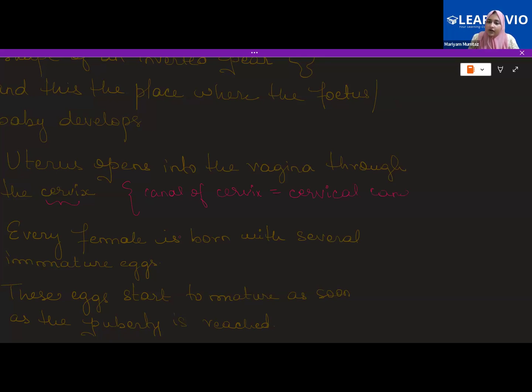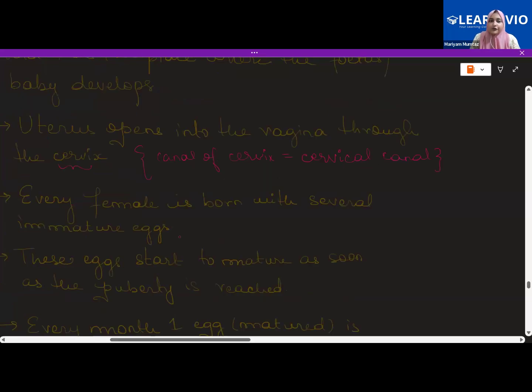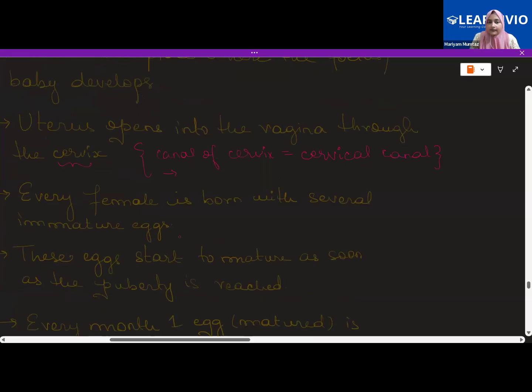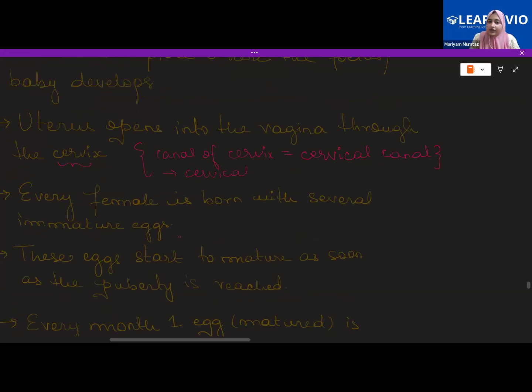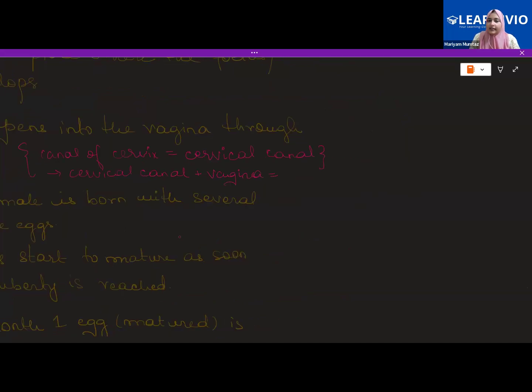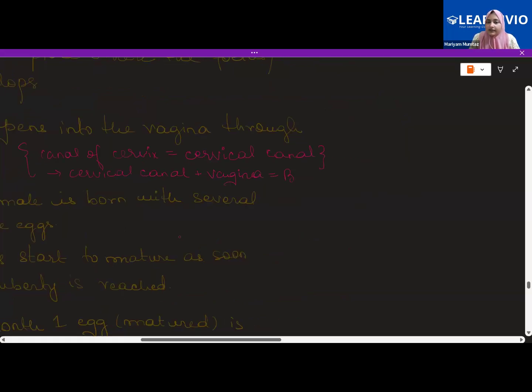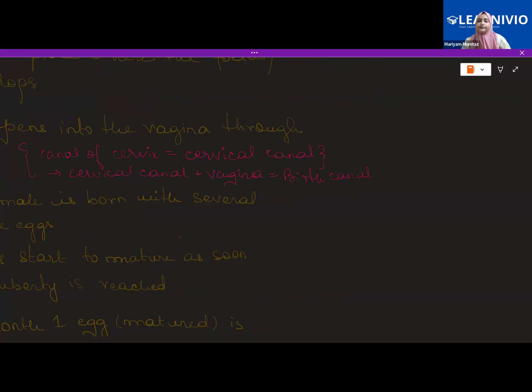And the cervical canal along with the vagina, these two structures together are called the birth canal. This is from where the normal birth would take place. Clear?